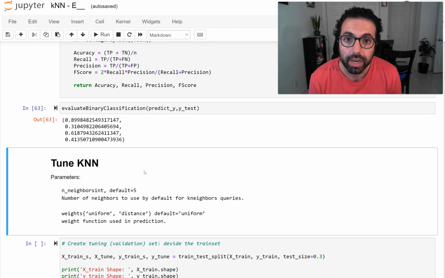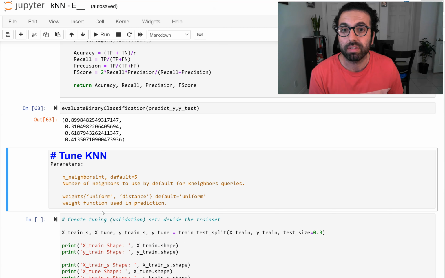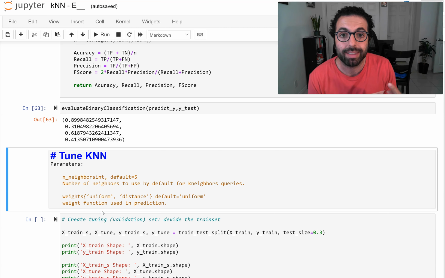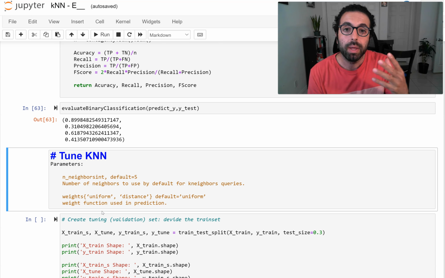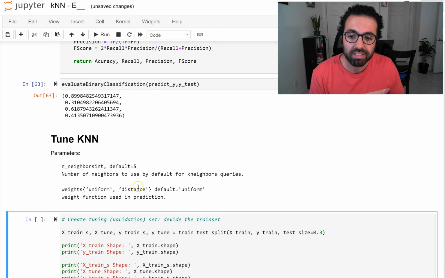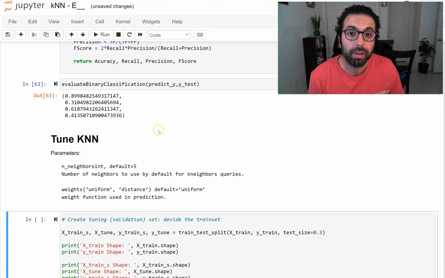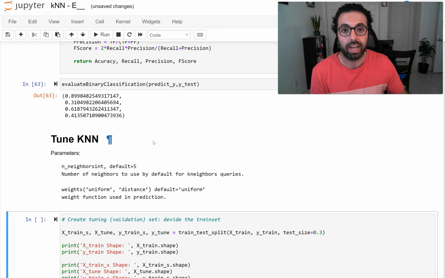The way the KNN algorithm works, when the weights is uniform, each of these k nearest neighbors has the same amount of vote, they get only one vote. But when the weights are set as distance, the closer the neighbor is to the data object that we want to classify, the higher their weight in the final class.